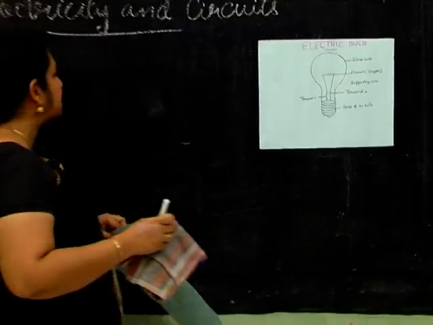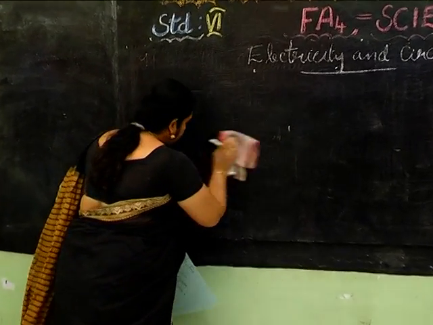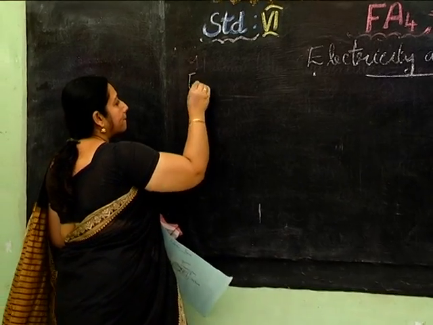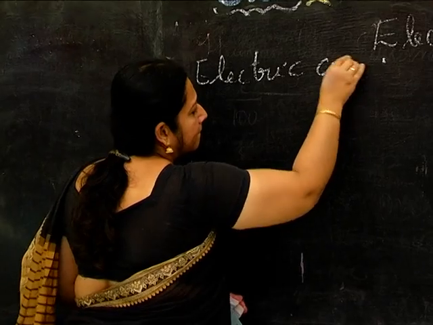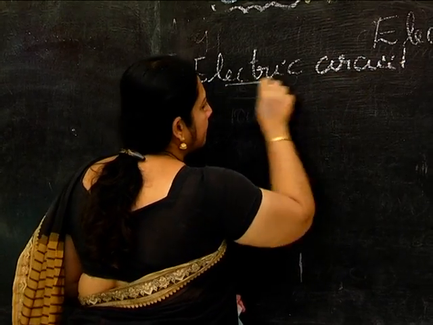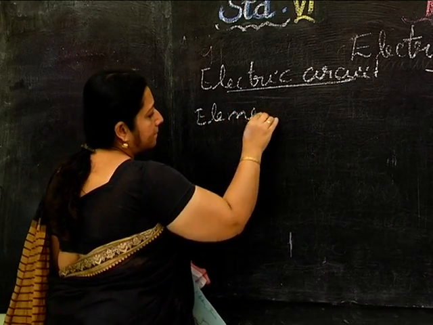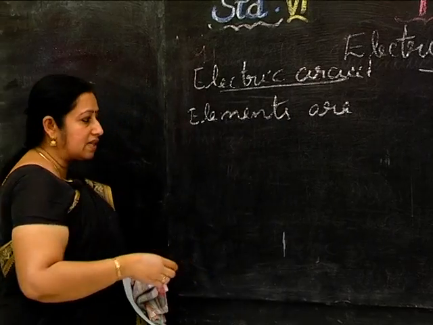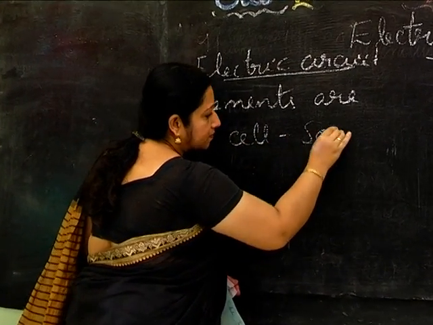To make an electrical circuit, we need certain elements. Let us see what elements we need. The first one is a cell, which is the source.